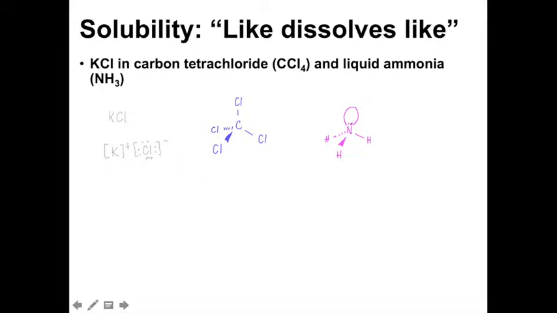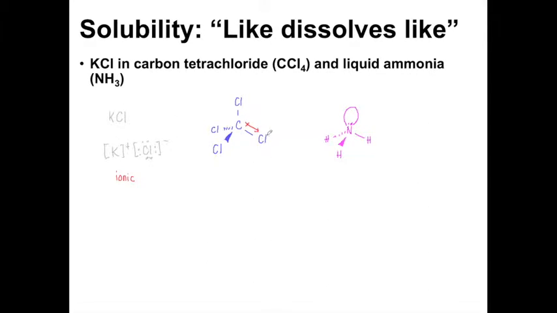So again, we need to determine whether each molecule is polar or non-polar. So for potassium chloride, this is ionic, so it doesn't belong to either of the two classifications. For carbon tetrachloride, the carbon chlorine bond is polar.